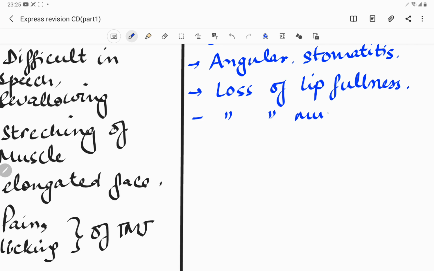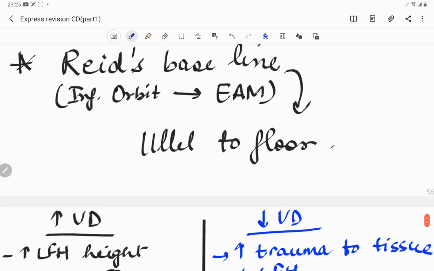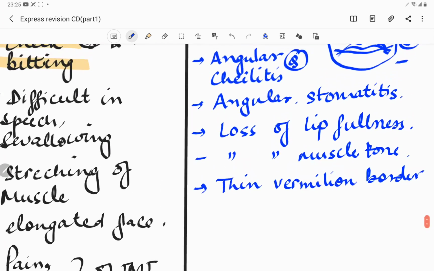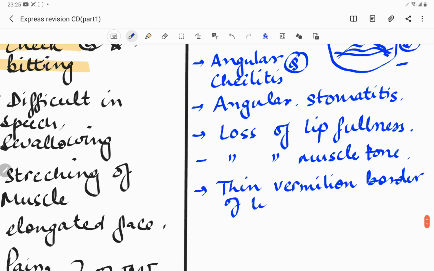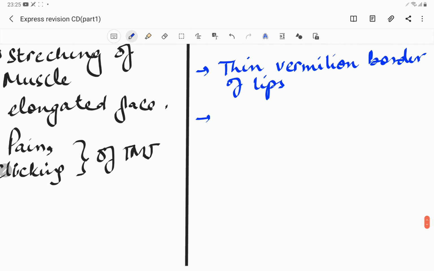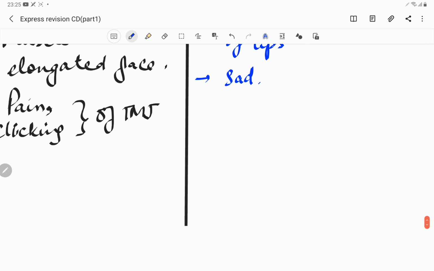Lips will look very thin in the patient if we decrease the vertical height. There is going to be loss of muscle tone of the lips and thin vermilion borders. So the lips will look thin. The corner of the mouth will turn down, which means the patient will look sad.